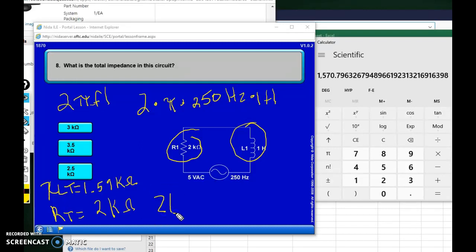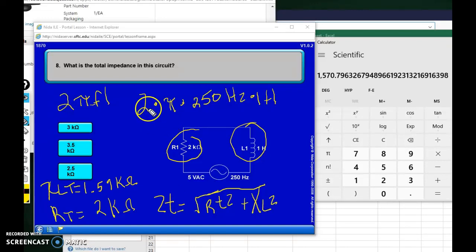ZT, which is the formula we need to use, is equal to the square root of R total squared plus X of L total squared. So basically we've got to square R total, add it to the square of X of L total, and then take the square root of that.